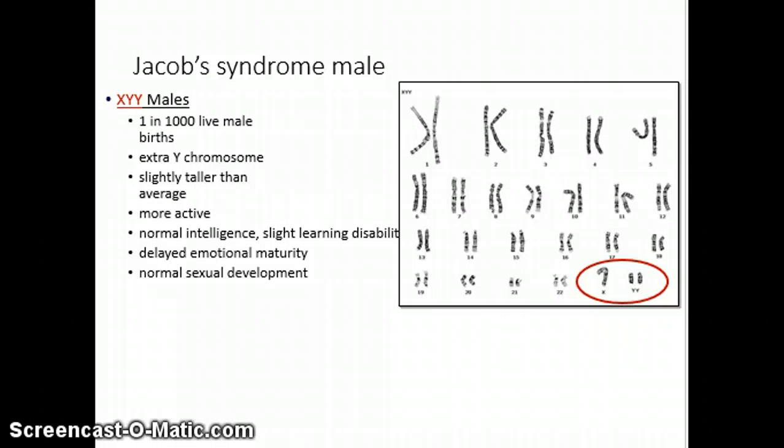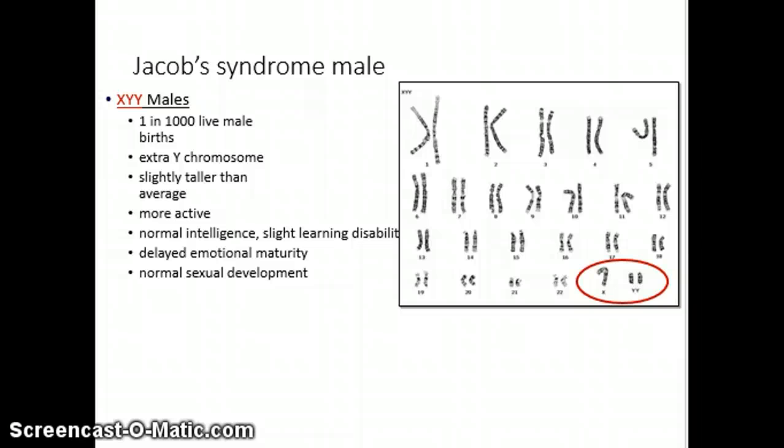In contrast, with Jacob's syndrome, the male ends up with 2 Y chromosomes. You can see that right here. That extra Y chromosome results in some symptoms like a slightly taller person, more activity, maybe some slight learning disabilities or delayed emotional maturity, but things like intelligence and sexual development are normal.